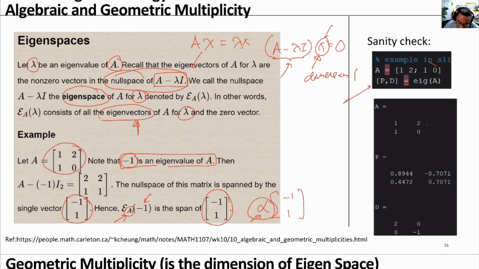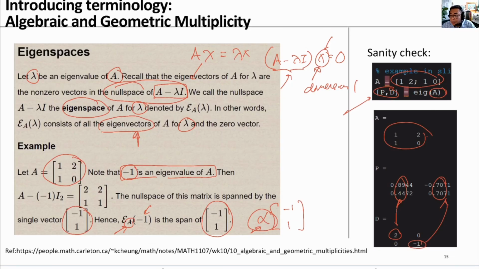For a sanity check, you can use eig again. You plug the values of A into eig, generating P and D, and we see again that we get two eigenvalues: one is 2, the other is -1, corresponding to the eigenvectors respectively. Now, because these eigenvalues are distinct, each of them has algebraic multiplicity of 1.